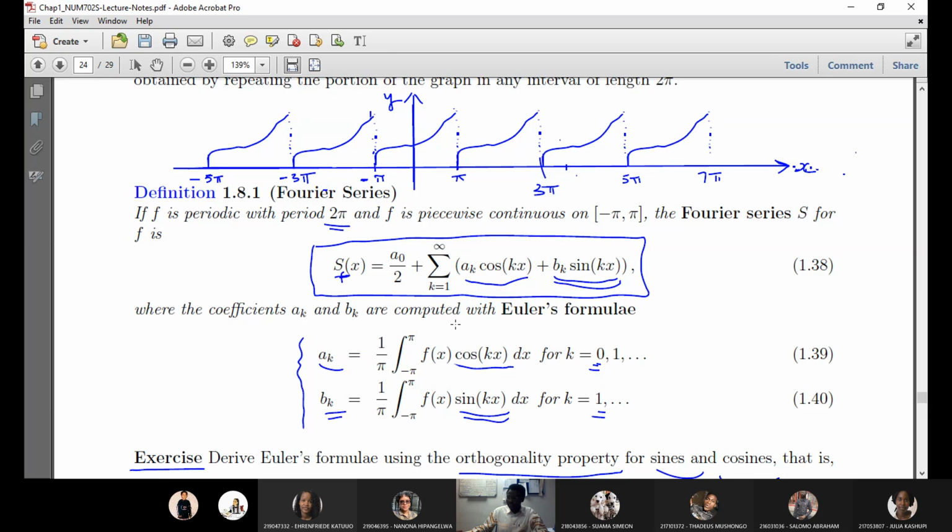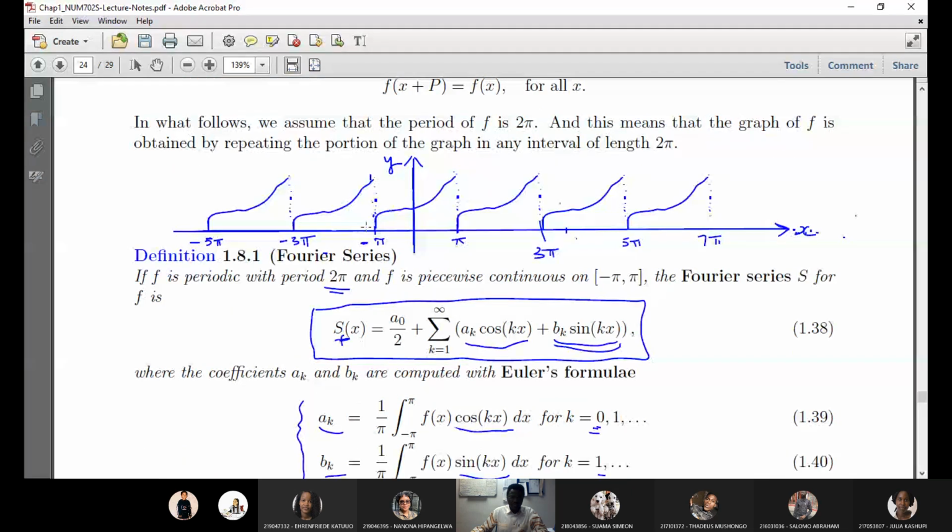If you look at this graph, I was trying to explain what it means to be piecewise continuous on the interval negative pi pi. This is our interval negative pi pi.